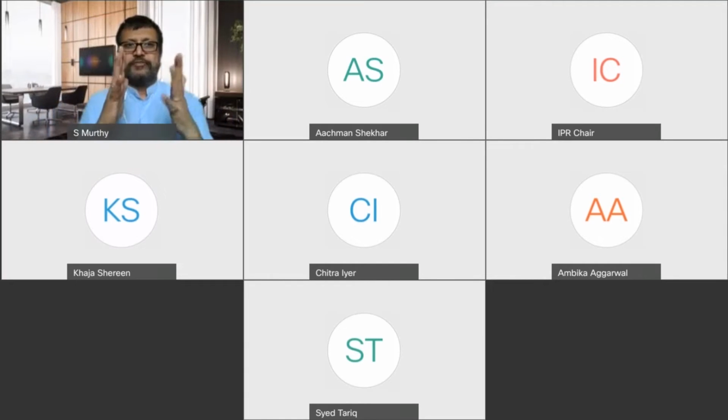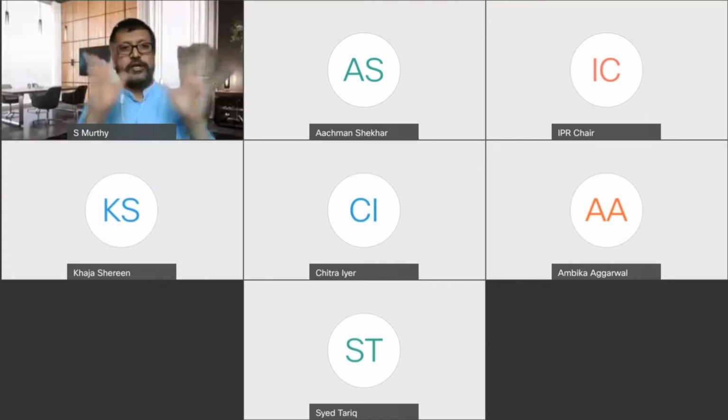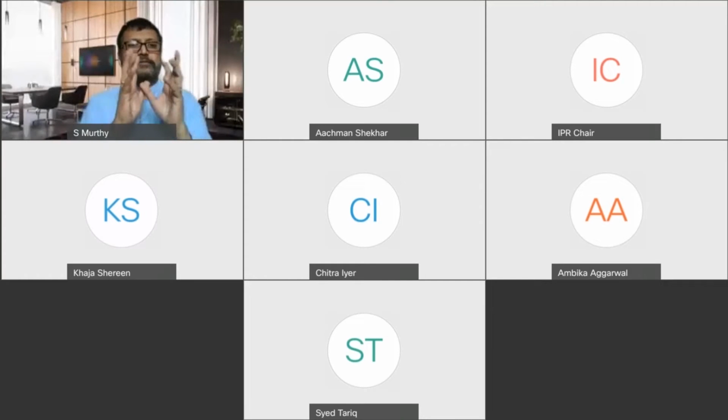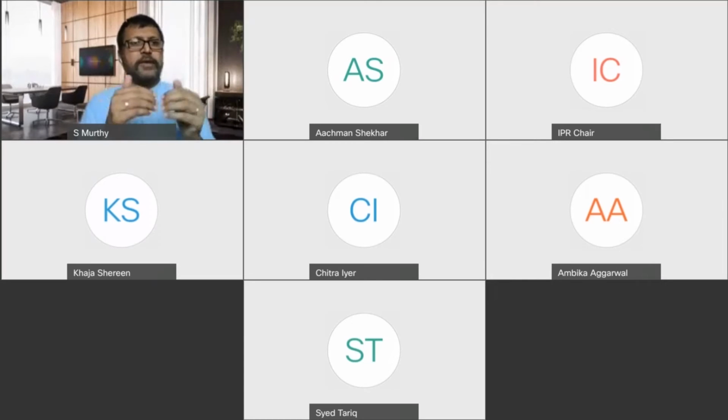There is no difference in the criteria that is applied to the examination of these patents. Patent offices and the examination departments do not distinguish between a conventional patent and a standard essential patent. They apply the same criteria for patentability, which is novelty, utility, and non-obviousness, irrespective of whether it is a standard essential patent or a non-standard essential patent, and a patent is granted.